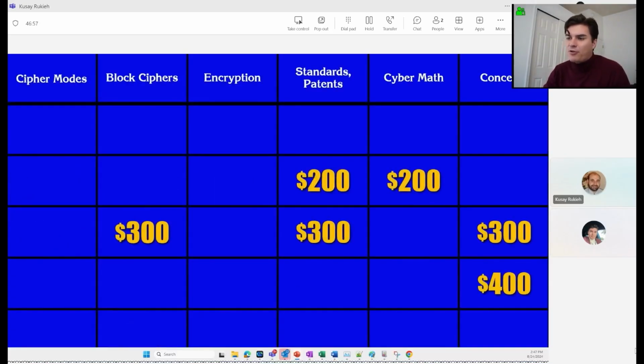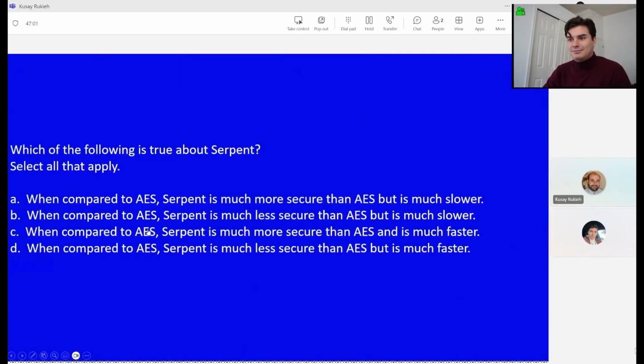Let's go with block ciphers for $300. What's the fine true about Serpent? Let's see here. When compared to AES, Serpent is much less secure than AES, but much faster, which would be C. It's a good answer.